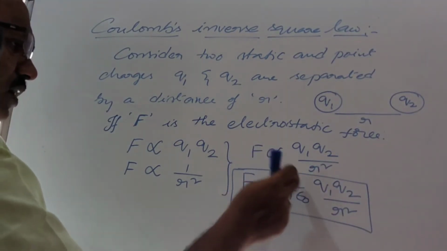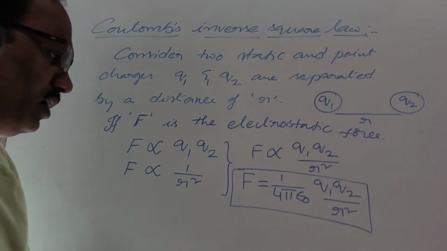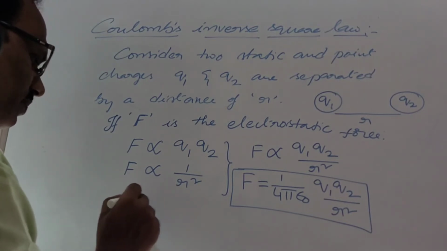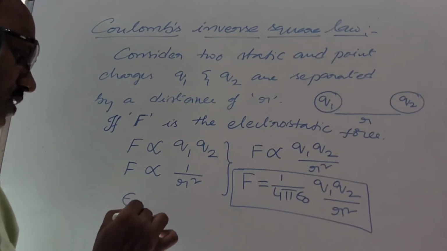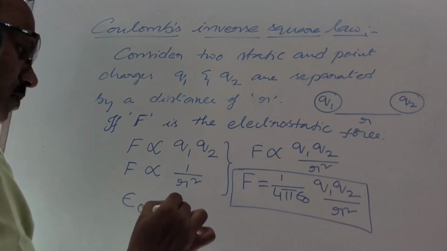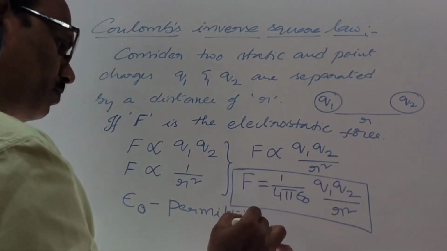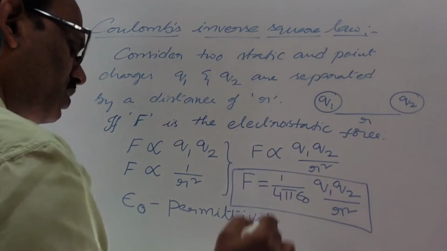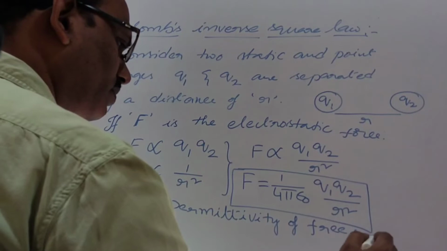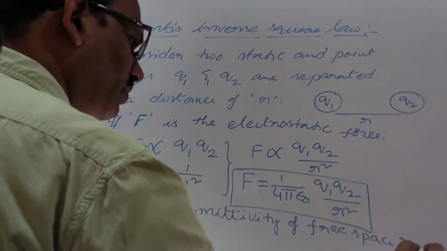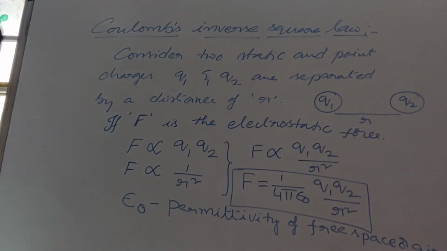Here 1 by 4 pi epsilon naught is the constant of proportionality, and this epsilon naught is called the permittivity of free space or air.